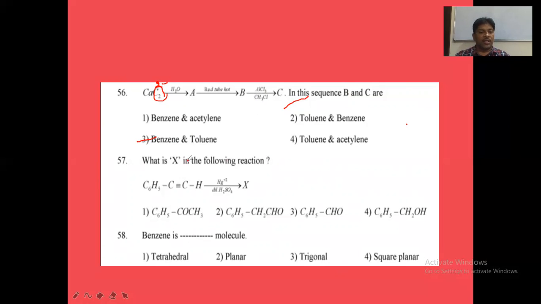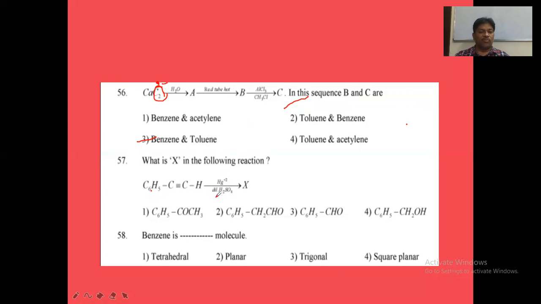Next. So what is X in the following reaction? Now here, the reactant substrate molecule is C6H5 bond C triple bond CH. C6H5 benzene ring bond C triple bond CH. Here now see Hg plus 2 ion and H plus ions.